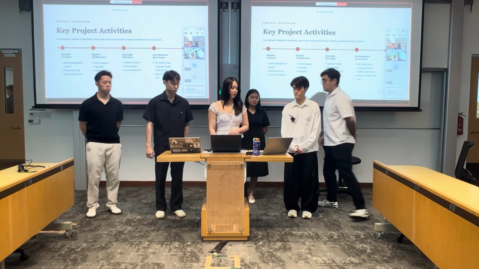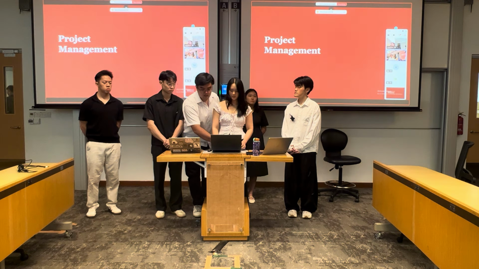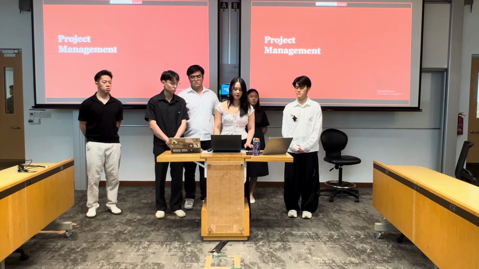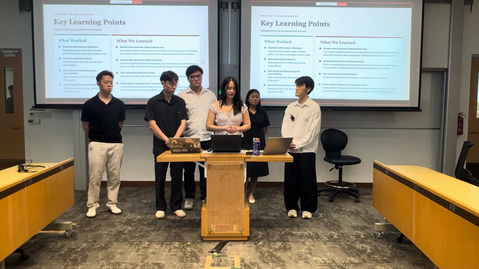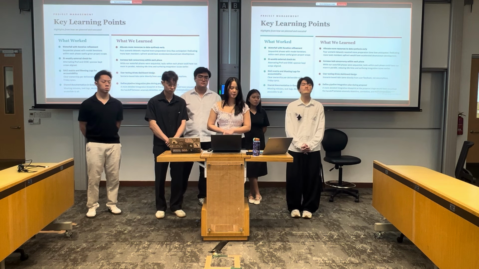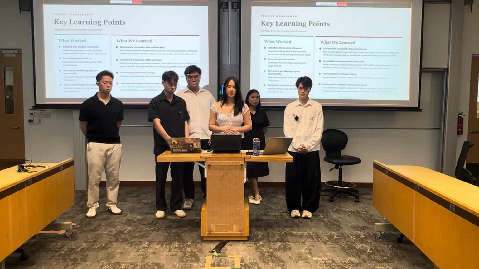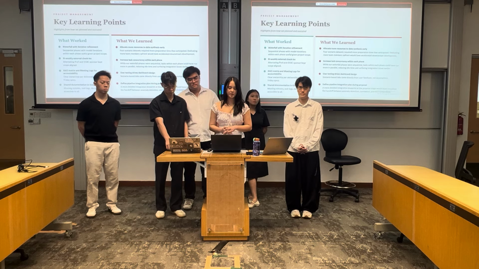So how did we conduct all these key project activities? We had a look at our strategies for project management. What worked was having a waterfall with iterative refinement, where the sequential phases reflect each model iteration, and within each phase it gives us the flexibility to improve the different components.